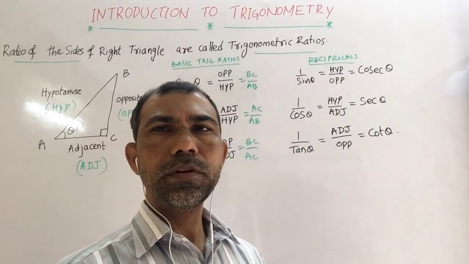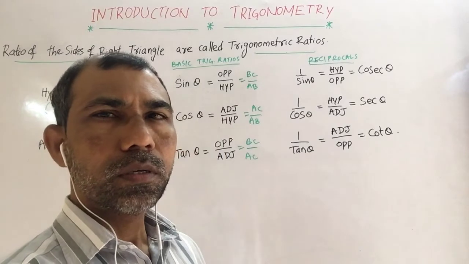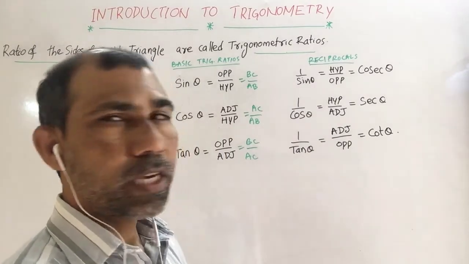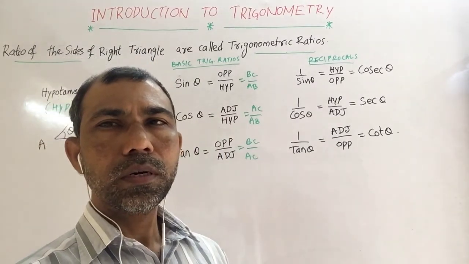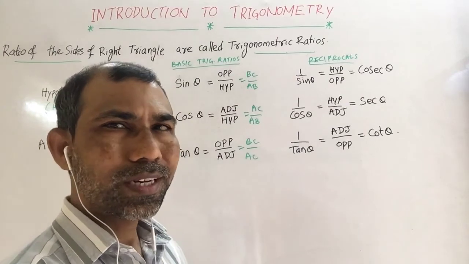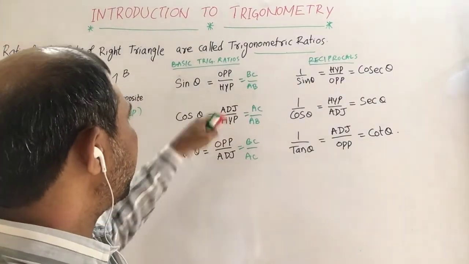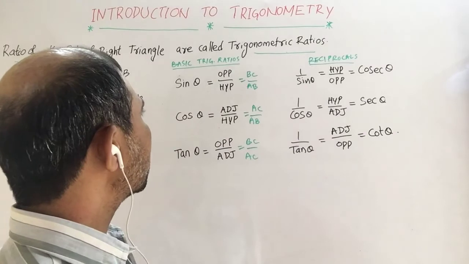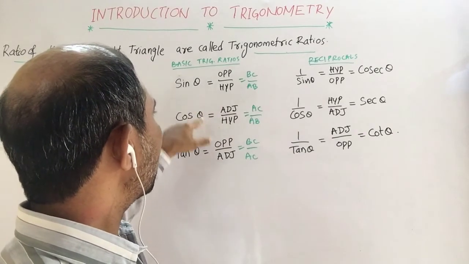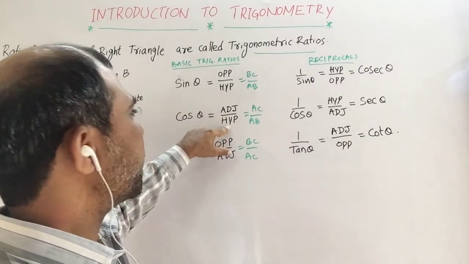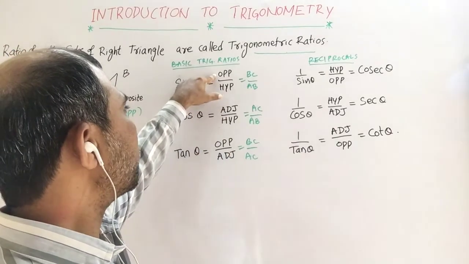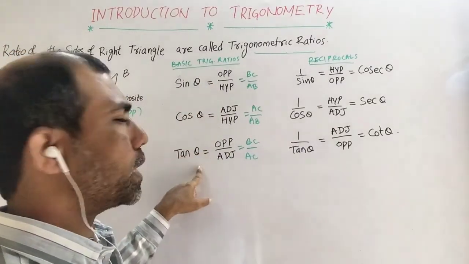You need to remember that tan theta is equal to sine theta over cos theta. When you divide sine theta by cos theta, the hypotenuse gets cancelled and you get opposite over adjacent, which is tan theta.